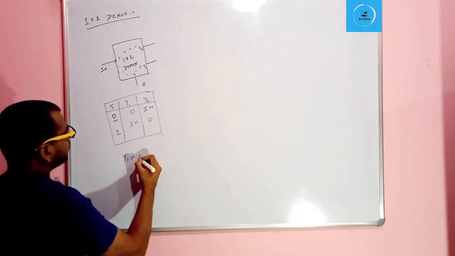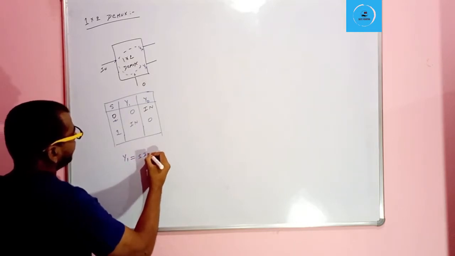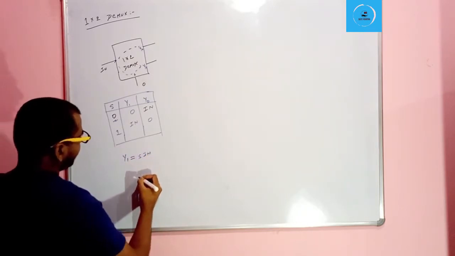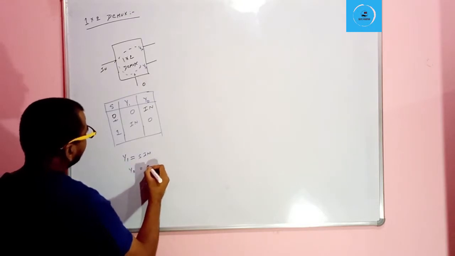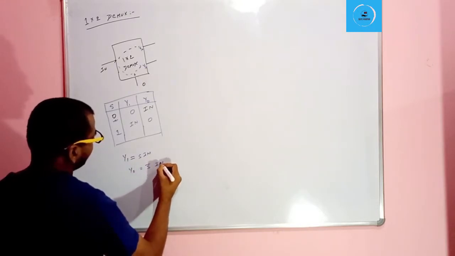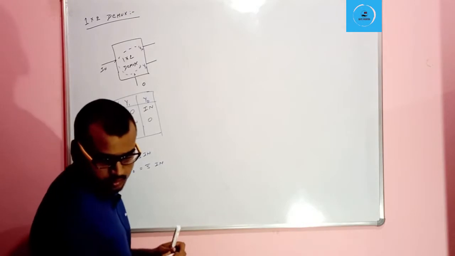So Y1 is equal to S and IN, and Y0 will be equal to S bar and IN, right?